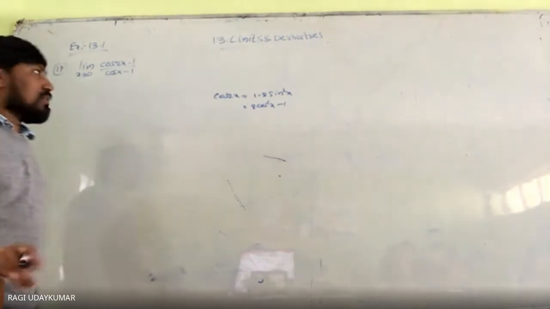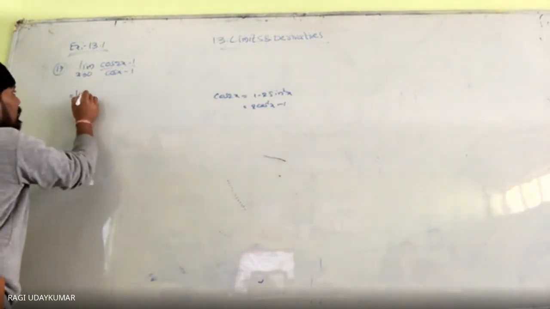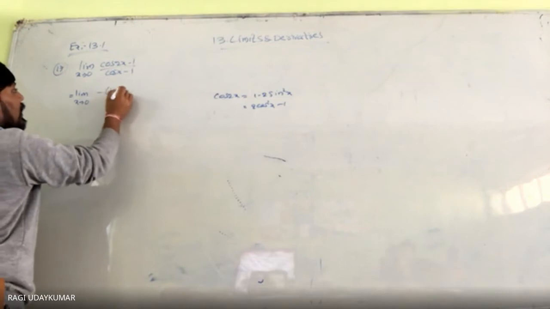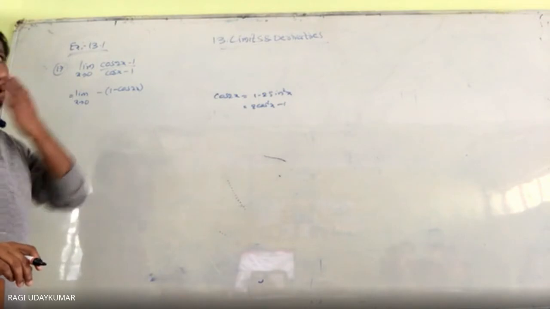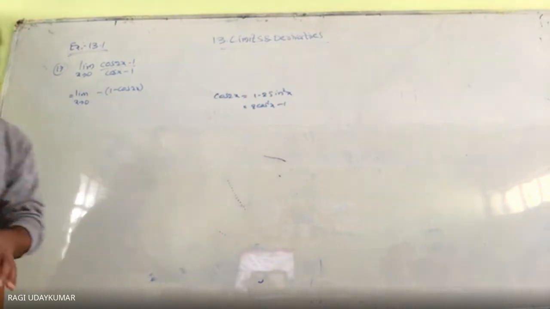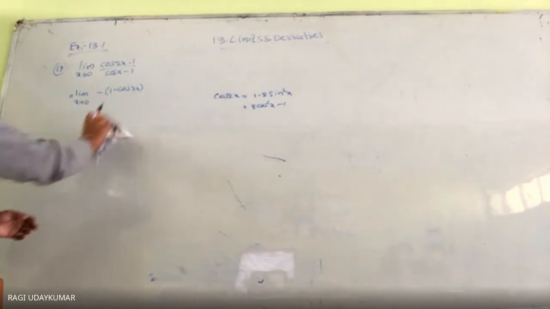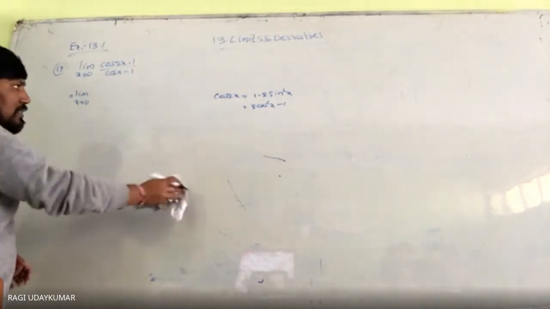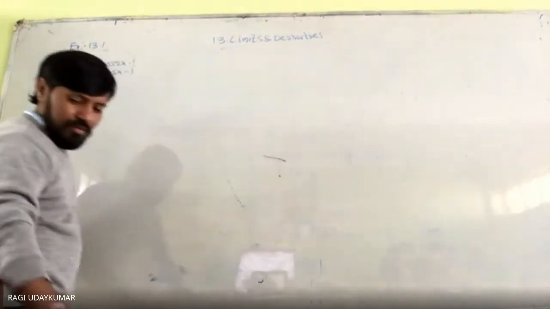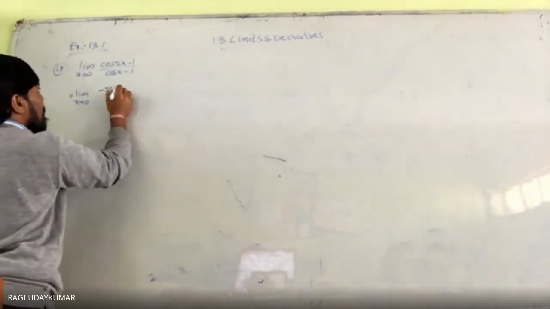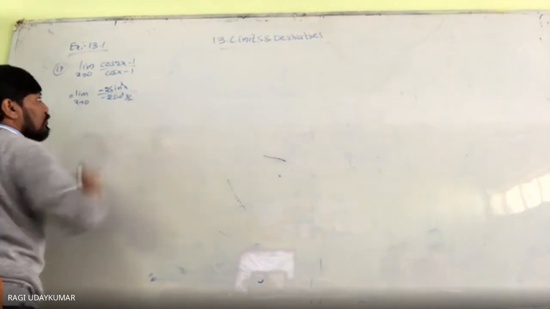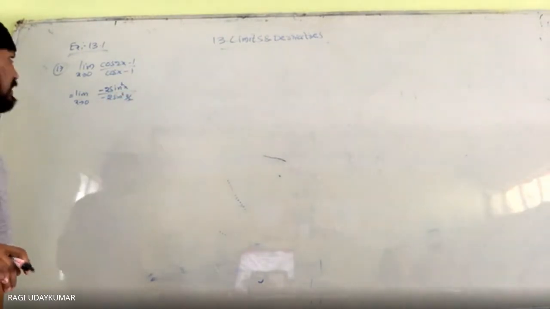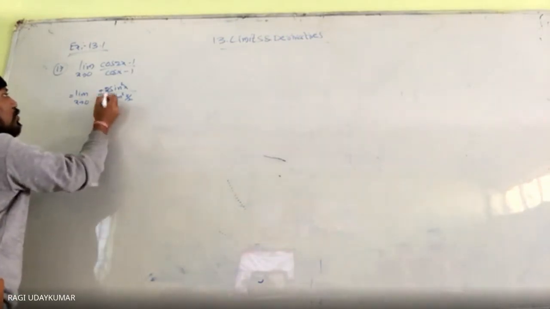Here you have minus, so you can write directly minus 2 sin square x in the numerator, and minus 2 sin square x by 2 in the denominator. The minus and minus, and 2 and 2, will get cancelled.